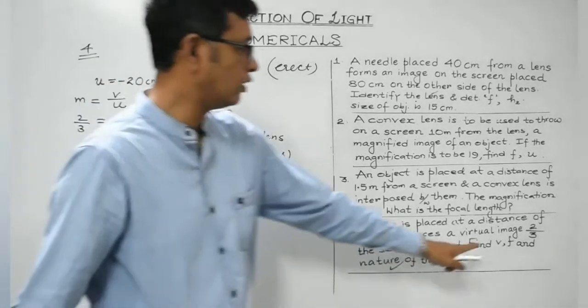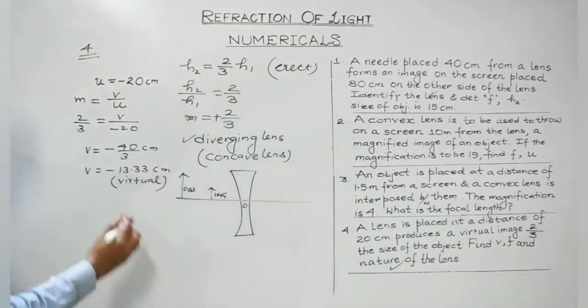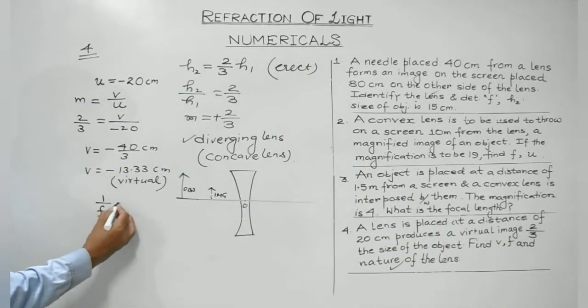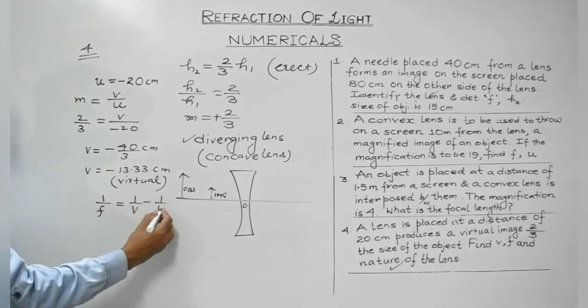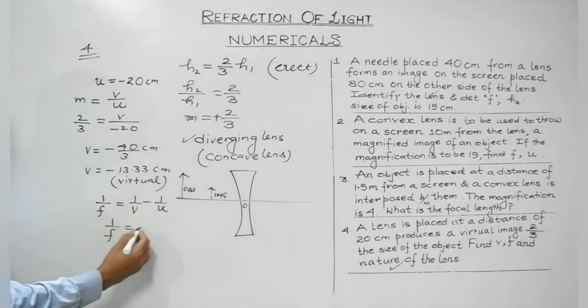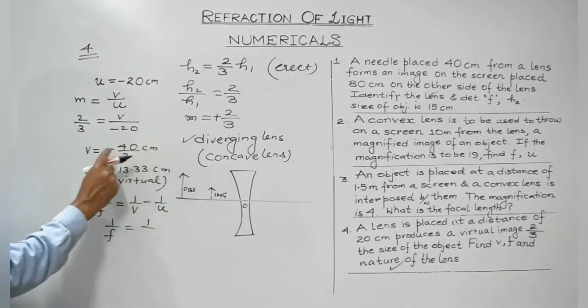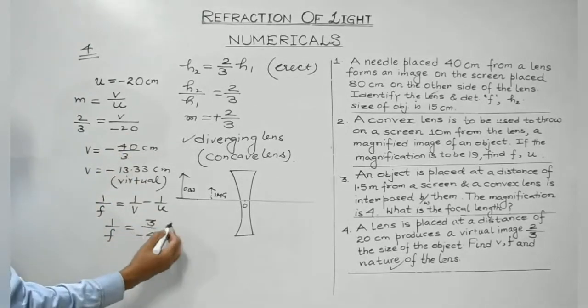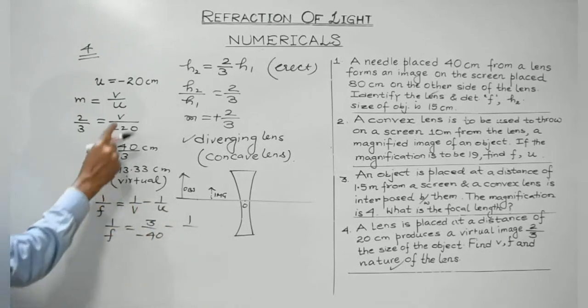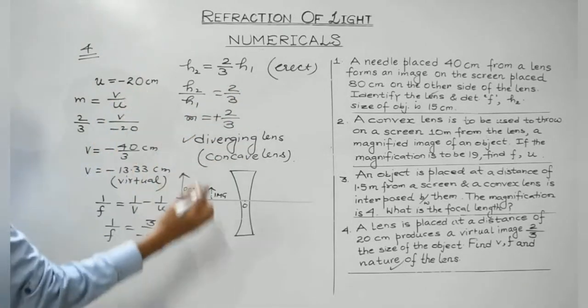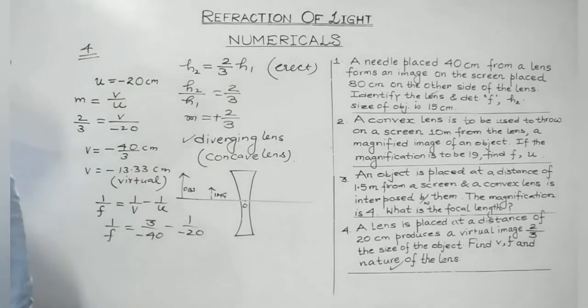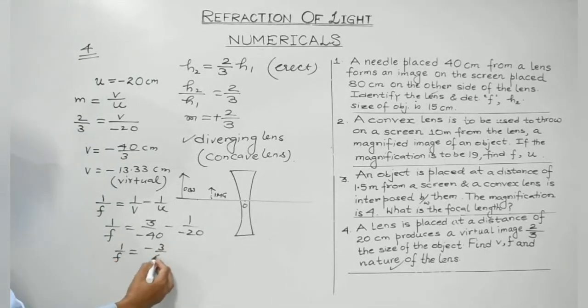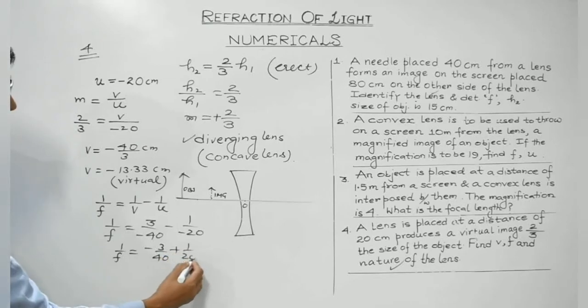Now let's find out the focal length. Now focal length can be found by using this formula: 1 by f is equal to 1 by v minus 1 by u. So we get 1 by v, v is minus 40 by 3, minus 1 by u. u is, where is u? It is minus 20. So what you get is 1 by f is equal to minus 3 by 40 plus 1 by 20.